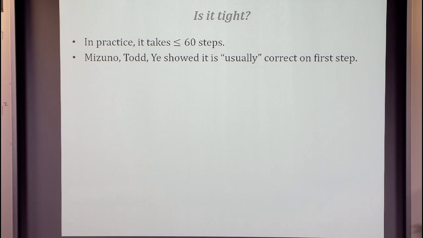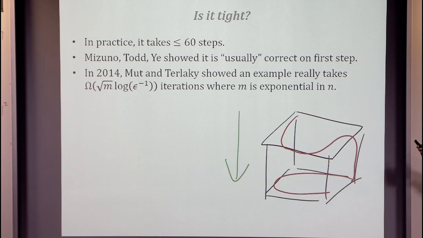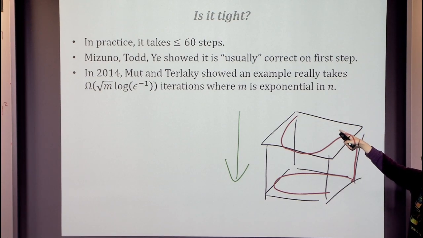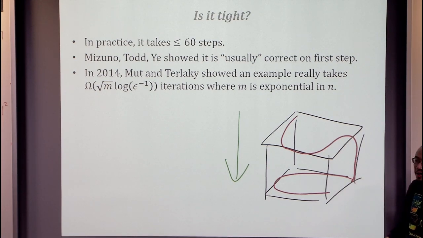Many people tried to show that the barrier function is bad, until this year Matt and Talaki showed that in fact you need square root of m steps. They construct a counterexample, where m is exponential in n, and the interior point method takes exponentially many steps to visit every vertex of the hypercube. So in fact the square root of m is tight for that barrier function.